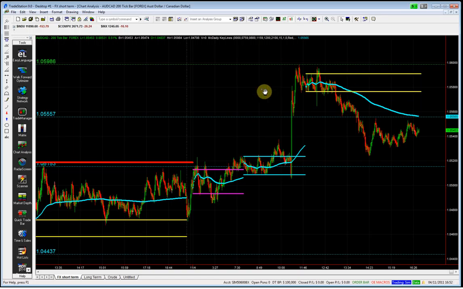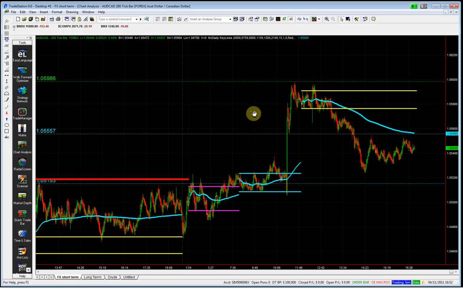We want it to remain above the 105.55, so the long point of 105.98, it's probably too far to expect you to accommodate your stop all the way to 105.55.